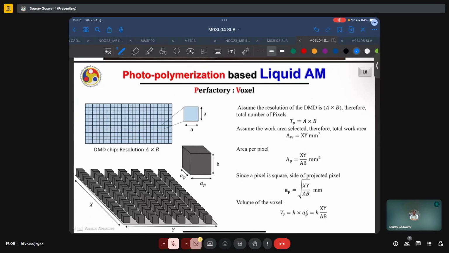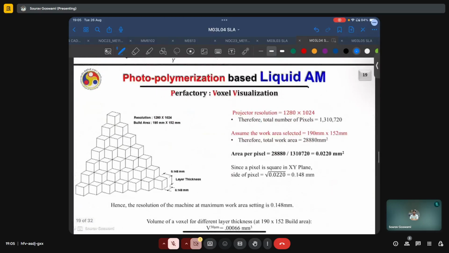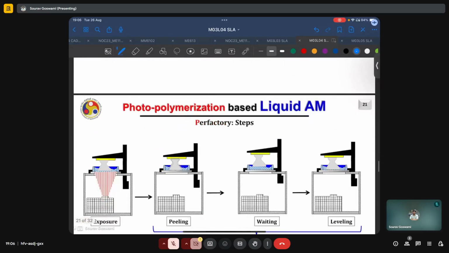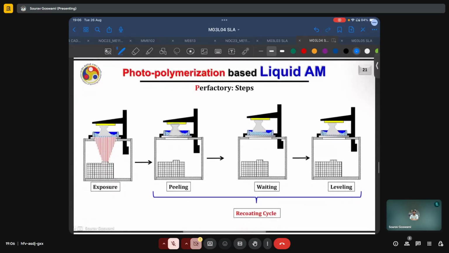And given that the cross section of the pixel has aspect ratio 1, I can multiply it by the height of the voxel to obtain the volume of the voxel. It is also visualized here with the use of a few numbers. We'll also be solving some similar exercises later today.